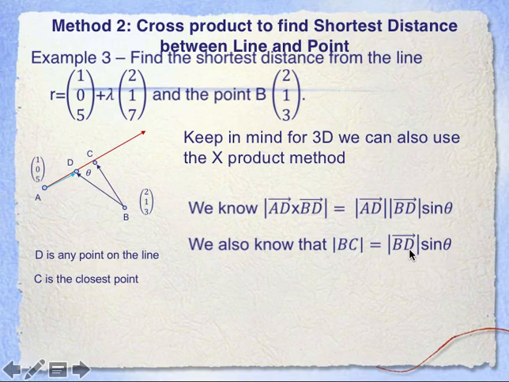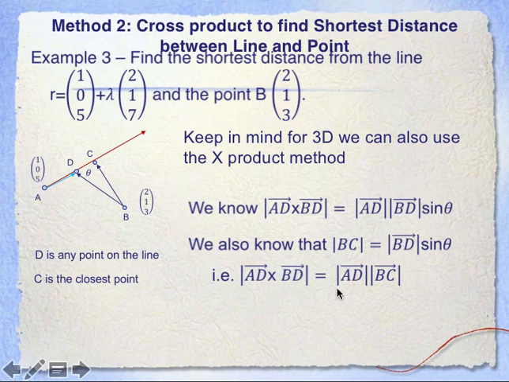So now if you have a look, we can substitute this straight into our cross product equation and eliminate that angle. So now we have the cross product AD, and instead of writing BD sine theta, we can just write BC. All right. So we're trying to find BC, so let's arrange it in those terms.